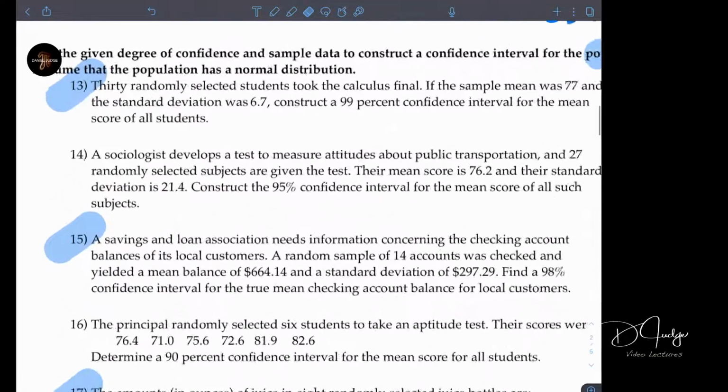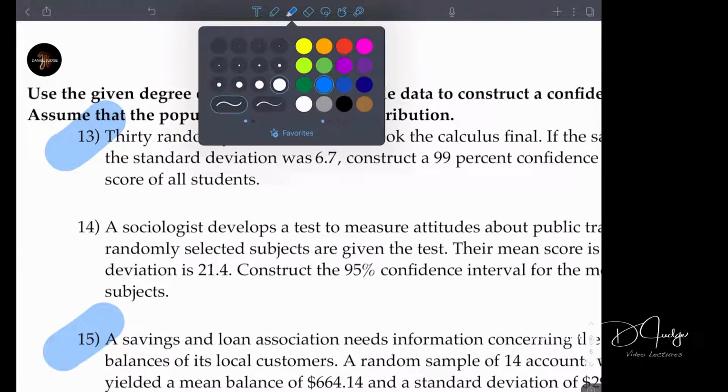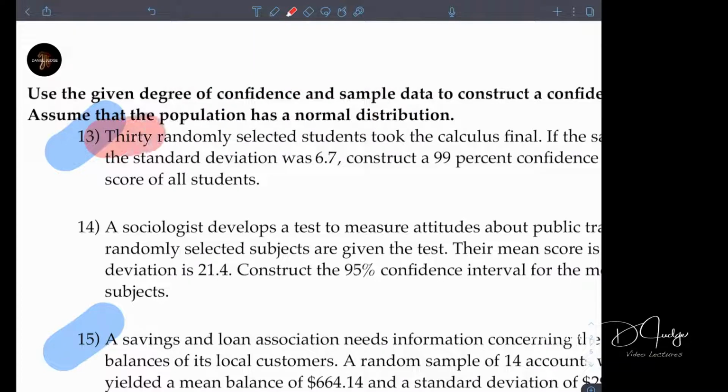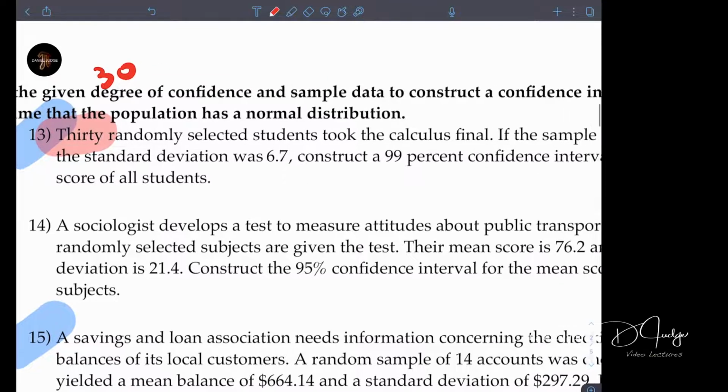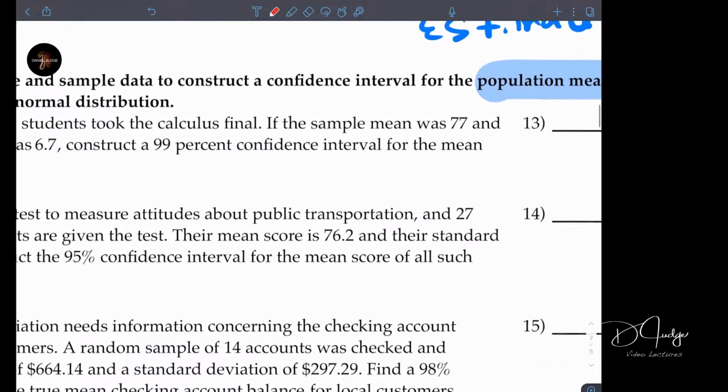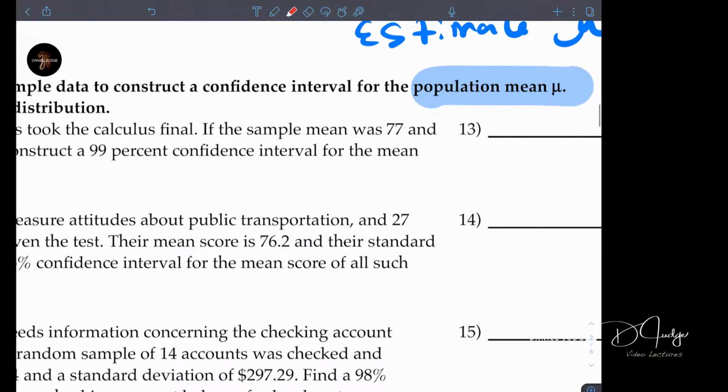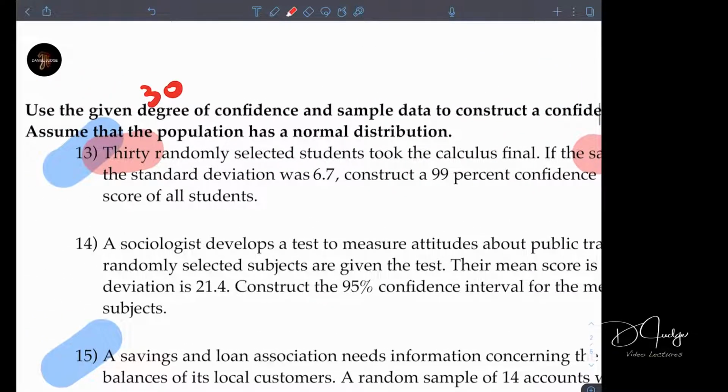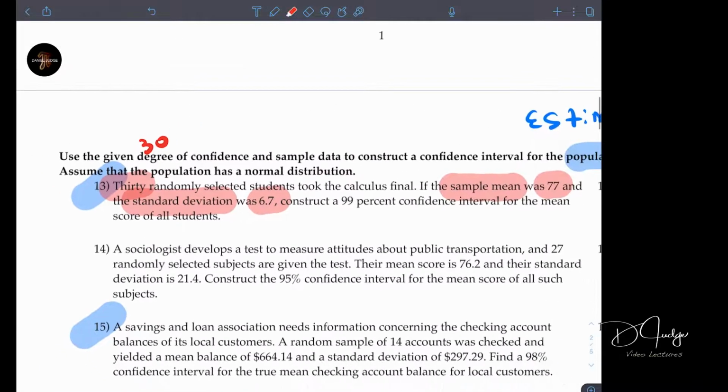Now, when I read question 13, what does it say? 30 randomly selected students took the calculus final. The sample mean is 77, and the sample standard deviation is 6.7.